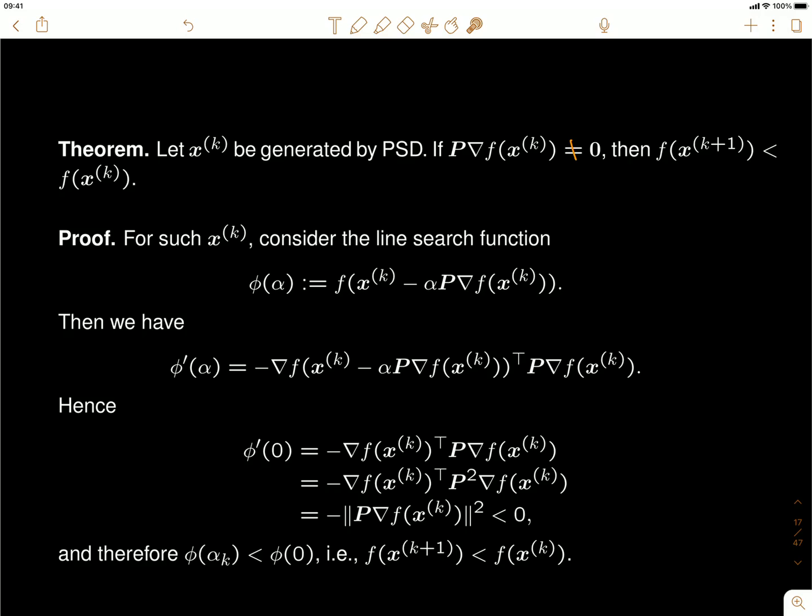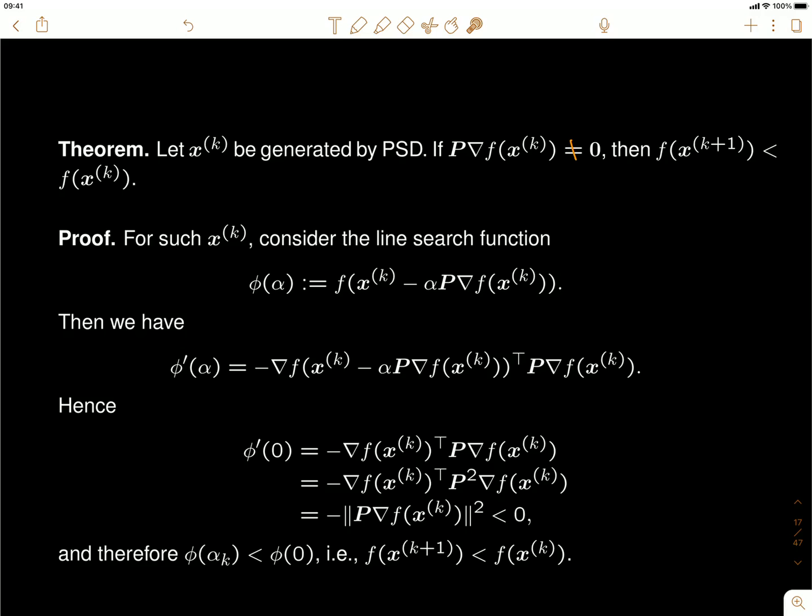Okay, so suppose we have reached a point xk where the projected gradient of f at xk is still non-zero. Then let's see if we can further reduce the function value. Suppose we have the xk, then we have everything we need for the projected gradient method. So this will be our next point. The only thing that is not determined yet is the alpha.